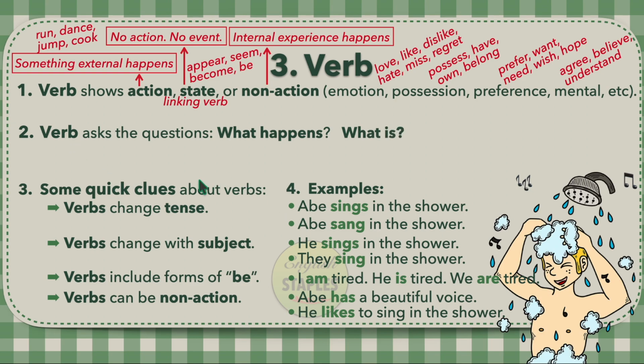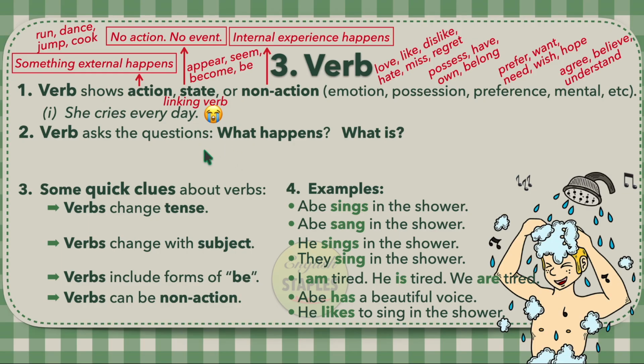If you need to identify verbs in a sentence or in a passage that you're reading, you'd ask these questions. What happens? Or what is? So let's look at a few sentences. She cries every day.